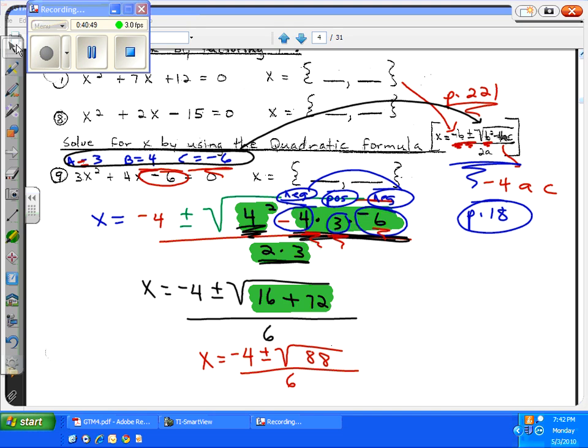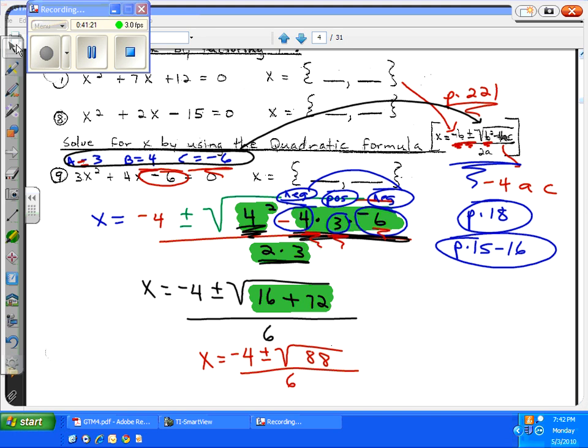Let's see if we got that. Okay. Now, at this time, we take the square root, and you may look at the square root of 88 and you say, well, there's not a perfect square root of 88. Now, we haven't gotten to this in the geometry book yet, but in the Algebra 1 textbook on pages 15 and 16, this is the first time that it's exposed to you there.